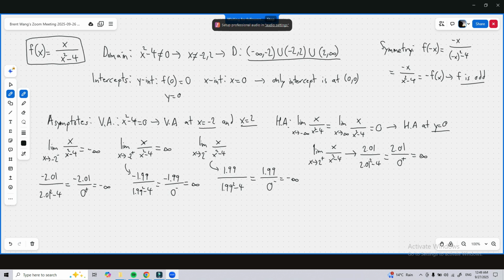Let me sketch out these vertical asymptotes. So x equals -2. From the left-hand side, it would probably look like it goes to negative infinity right here. And approaching -2 from the right-hand side, it goes to positive infinity, as mentioned here. Vertical asymptote x equals 2.